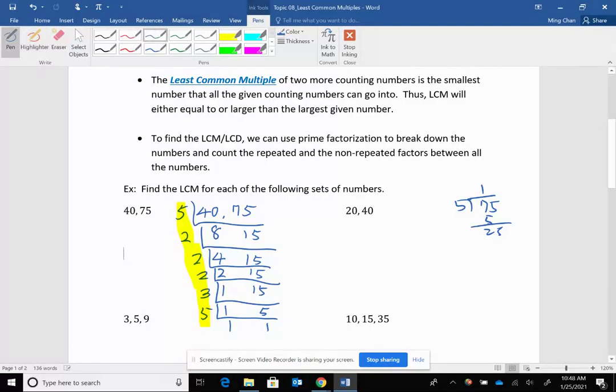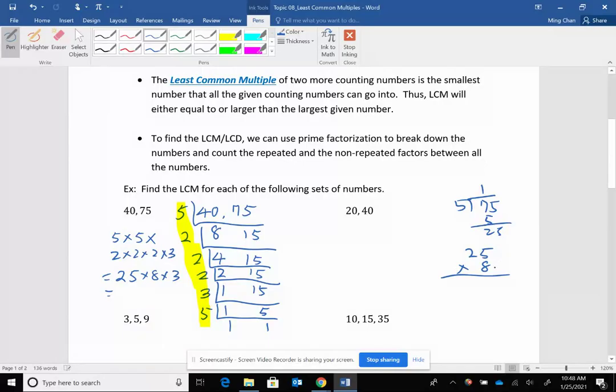Okay, so my least common multiple will be 5 times 5 times 2 times 2 times 2 times 3. 5 times 5 is 25, right? 2 times 2 times 2 is 8, times 3. So 25 times 8.